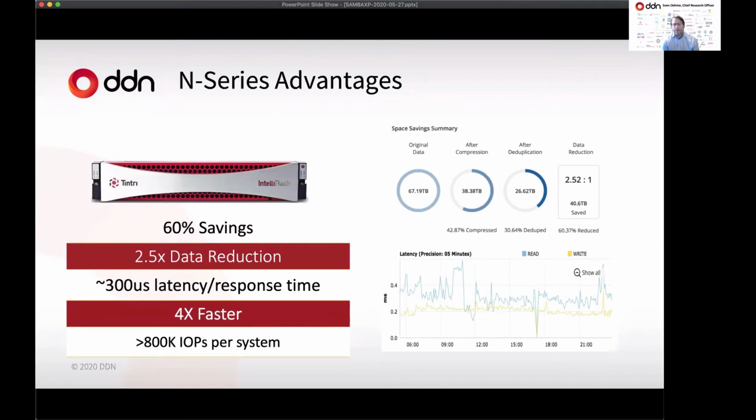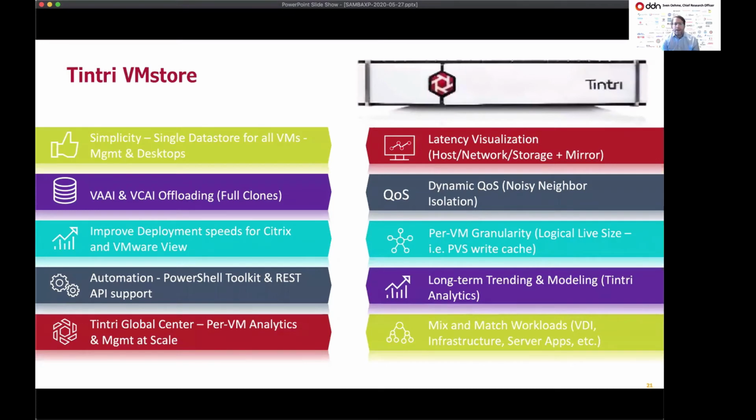That is one of the reasons this is significantly differentiating from lots of the competitive products in the space, because we have all the enterprise features turned on all the time, but still can deliver very high performance and low latency. Also here, one of those systems delivers around 20 gigabytes per second throughput for NFS or SMB workloads, which is a pretty high performance number for such a small device. And the last product I wanted to talk about is Tintri VM Store. Tintri VM Store also leverages SMB under the cover.